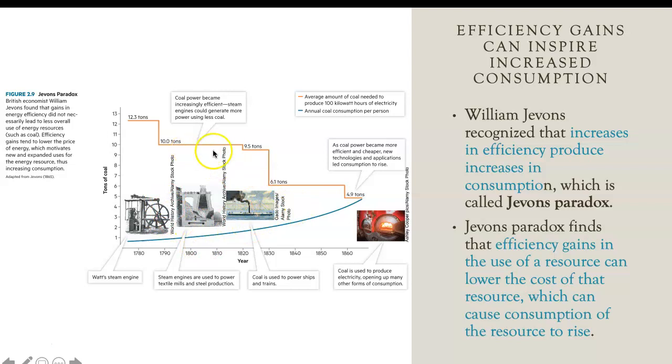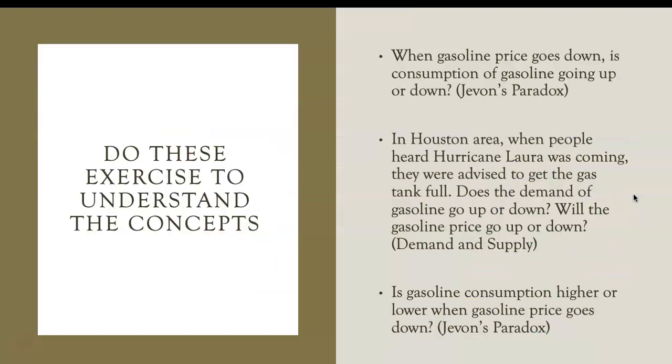So when it becomes cheaper and cheaper, the use of the steam engine is increasing a lot. So that's the basic concept. Okay, increase in efficiency produces increase in consumption. That's it. And it's called Jevons paradox. It means efficiency gains in the use of a resource can lower the cost of the resource, which can cause consumption of the resource to rise.